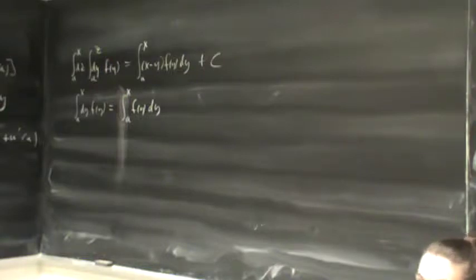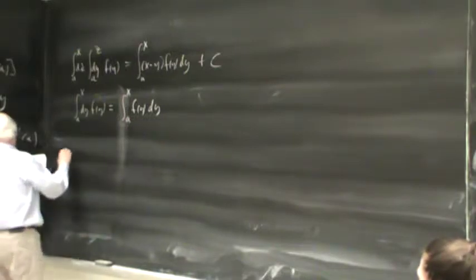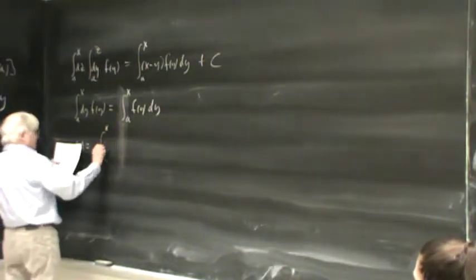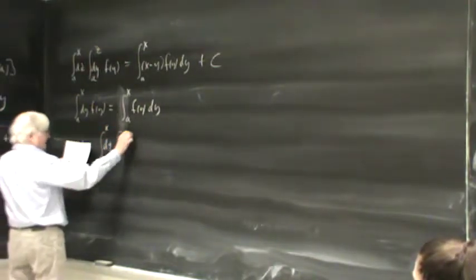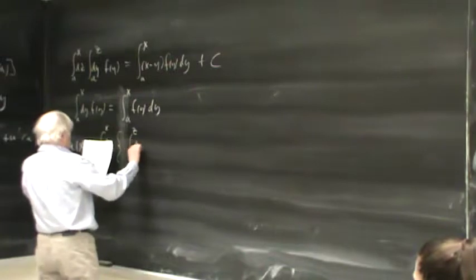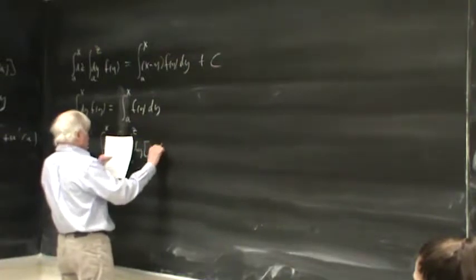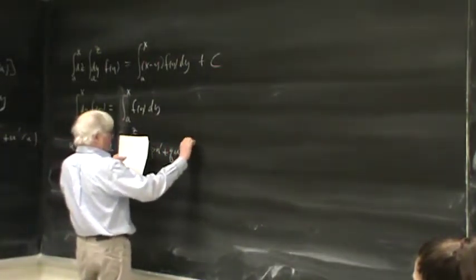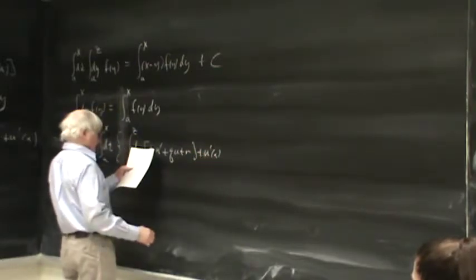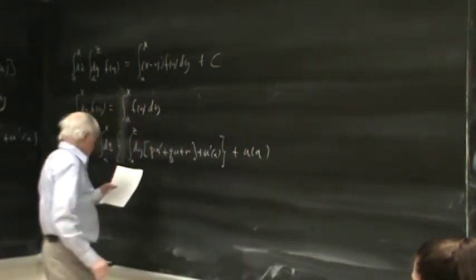Yes, okay, if we then use this trick and integrate again, what we get is u of x is integral a to x dz, integral a to z dy, and then it's this whole thing here, which is pu prime plus qu plus r, plus u prime of a plus u of a. That's what we get.